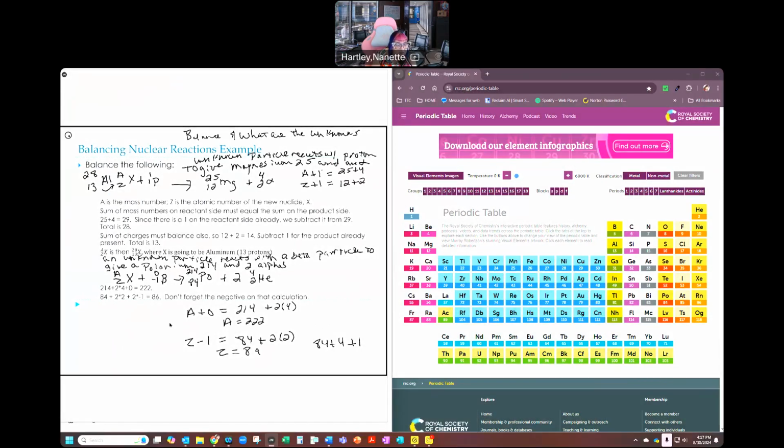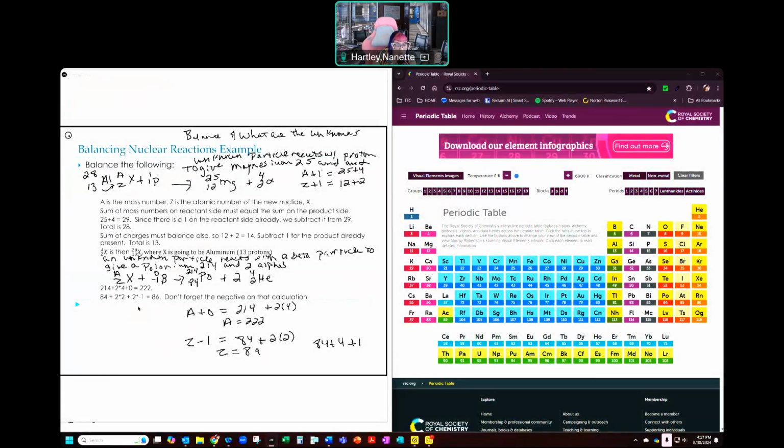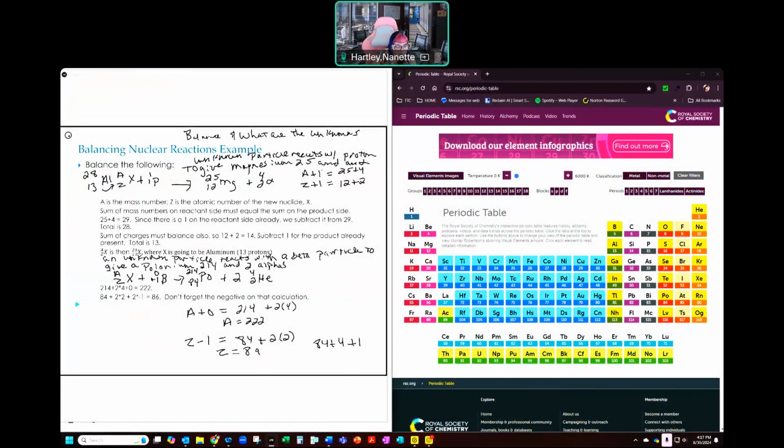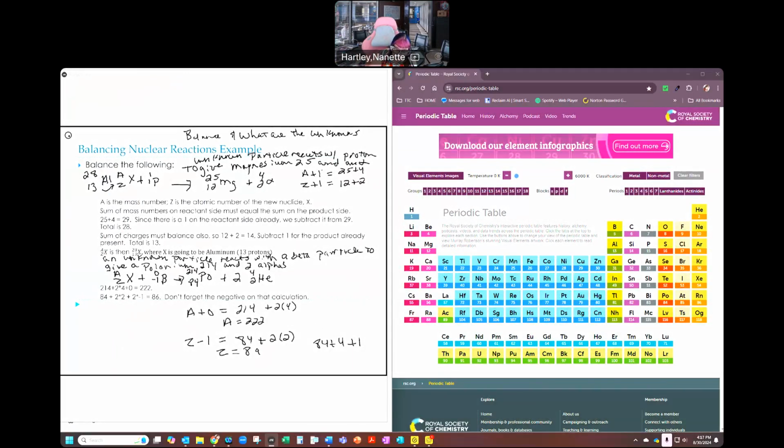If it was supposed to be a 2, which I didn't write here because I didn't think that there was a 2 out in front of it. So I'm going to cross this out. That part looks fine.